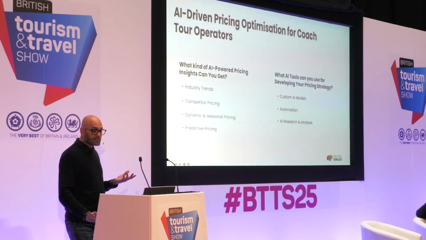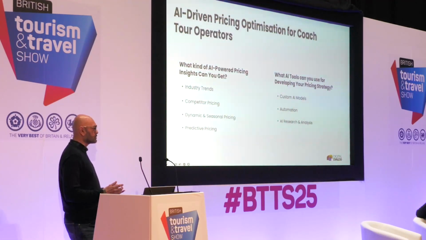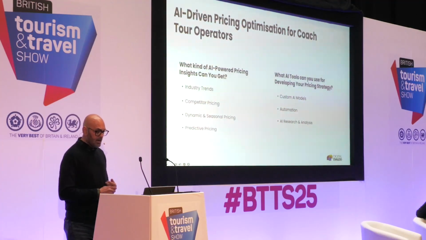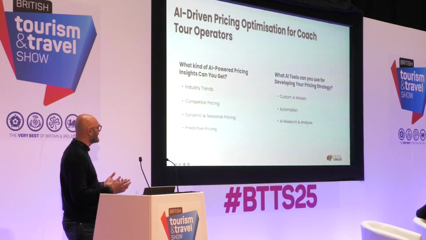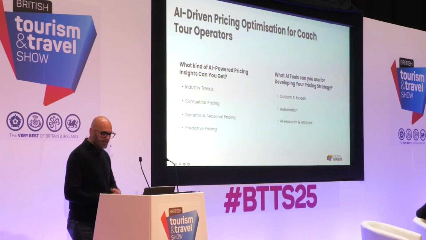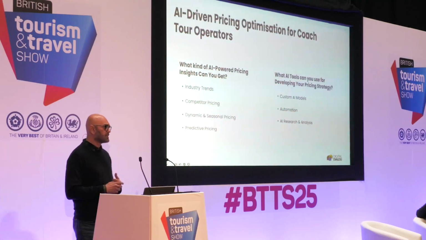So what kind of insights can AI give you? It can give you industry trends for your product or service, and how your competitors are pricing. You can explore dynamic pricing or seasonal pricing, off-peak and peak pricing, promotions, and deals. And what kind of tools can you use to get such insights?